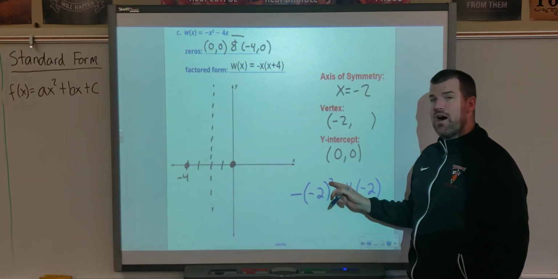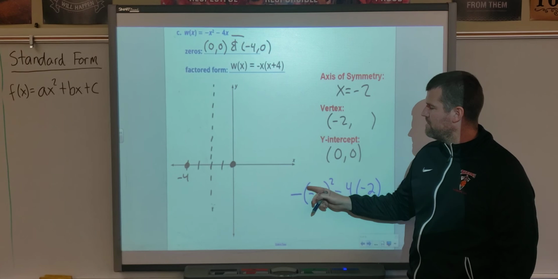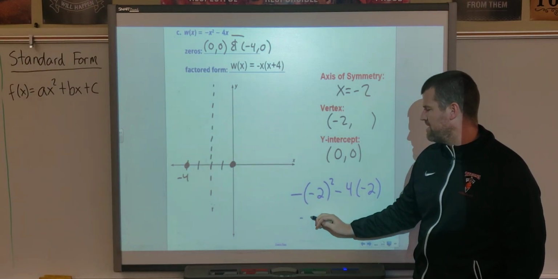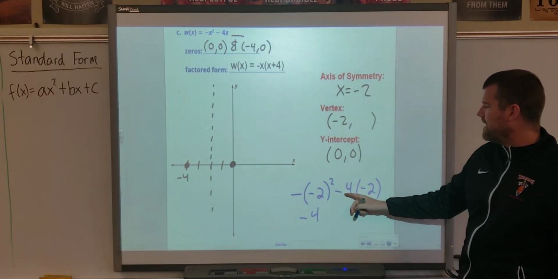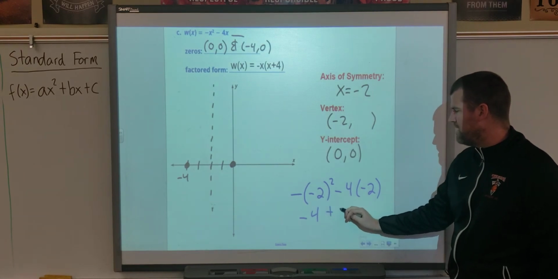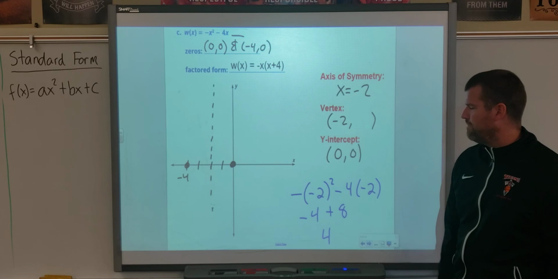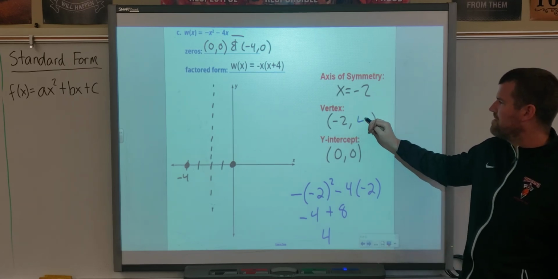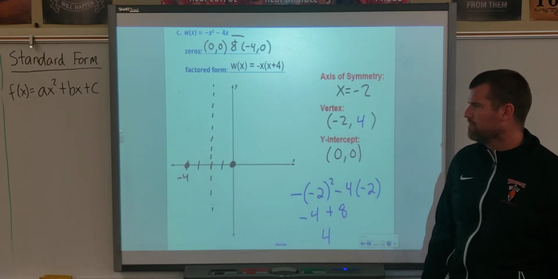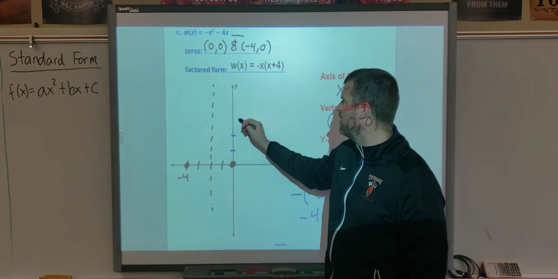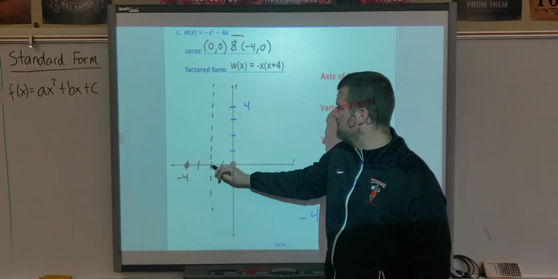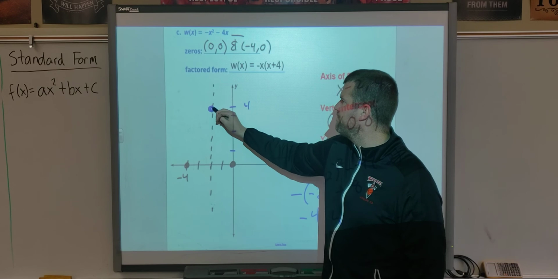-2 squared is +4, but then +4 times a negative is -4. And then -4 times -2 is a +8. And if we add those together, we get a +4. So the vertex is -2, 4.